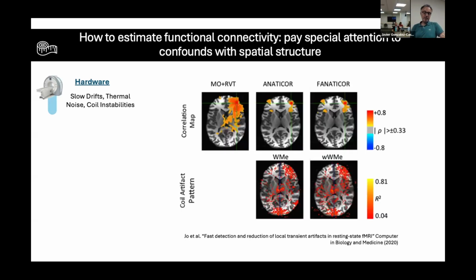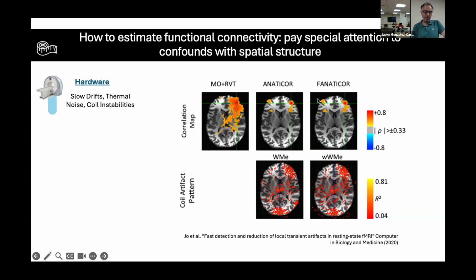So for example, if we're taking data with a multi-coil setup, and we have one of the coils that is kind of flickery, we might get data that contains spikes only in one part of the brain, and you might get a profile of connectivity that looks like this. Clearly, this is an example where you would throw away the data because that's not something that will happen. But there are ways to correct for that.